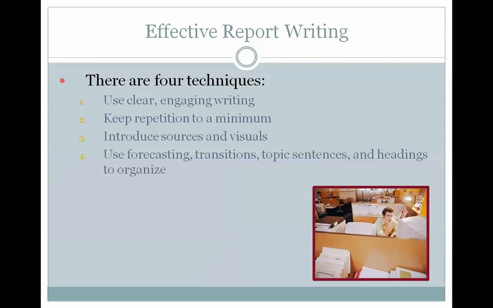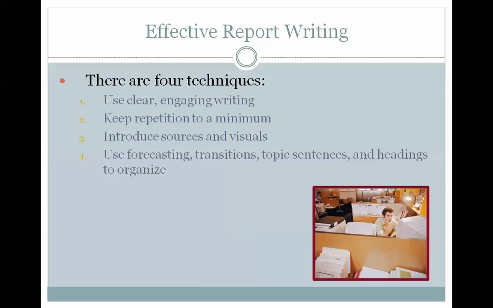Although some repetition may be needed, too much might call for some reorganization of the report. Next is to introduce sources and visuals. With this, it is important to use active rather than passive verbs. Lastly is to use forecasting, transitions, topic sentences, and headings, which is a great way of organizing your report.